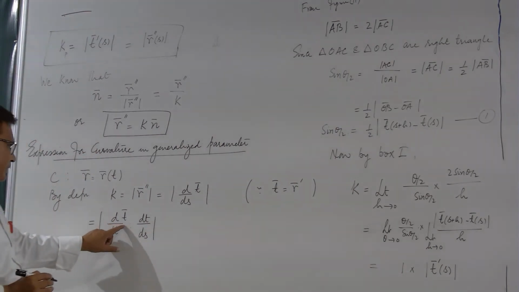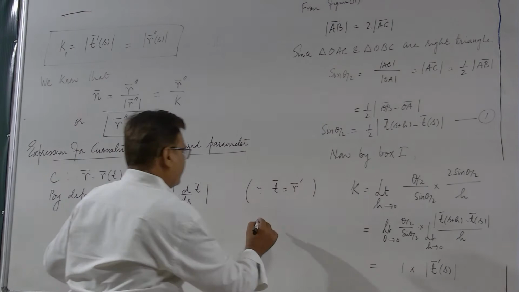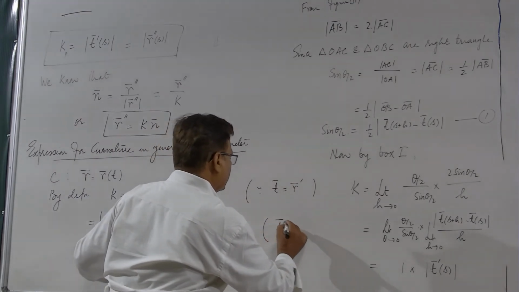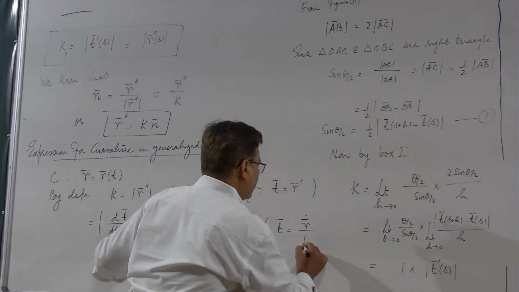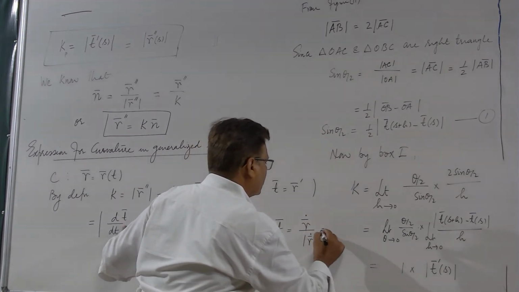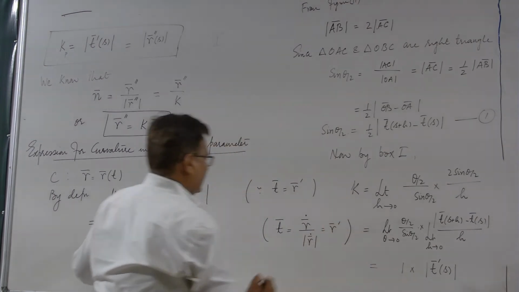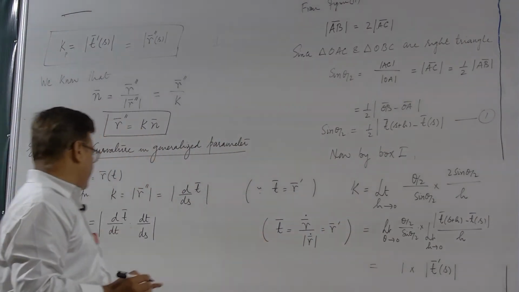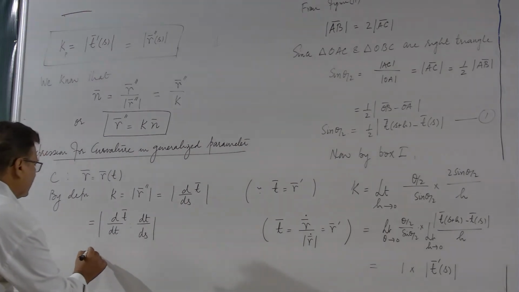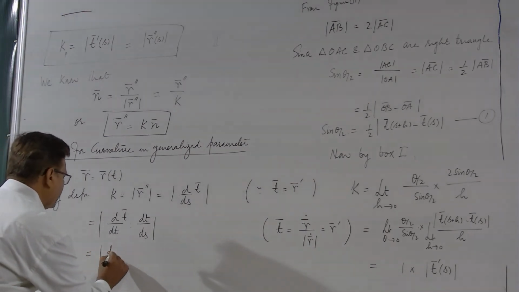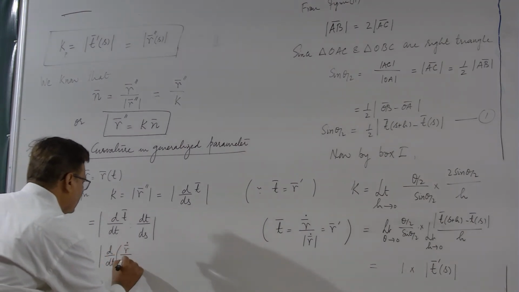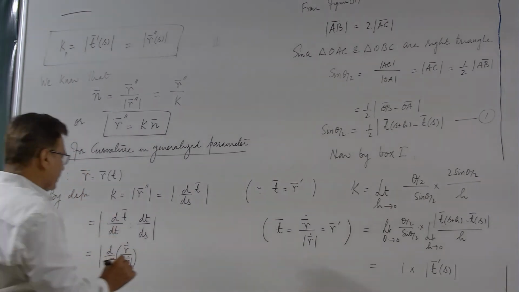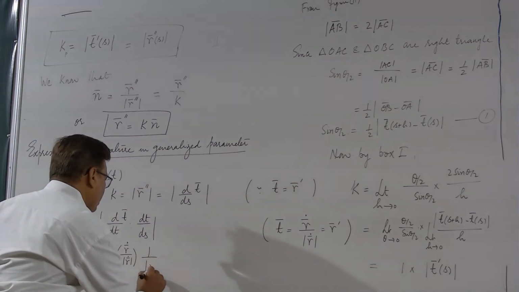Now, the unit tangent t bar is known to us. If you remember, the unit tangent t bar, which is r dash, is r dot upon mod r dot. I will make use of this expression for t bar over here. So, this becomes d by dt of r dot upon mod r dot into dt upon ds, which is 1 upon mod r dot.